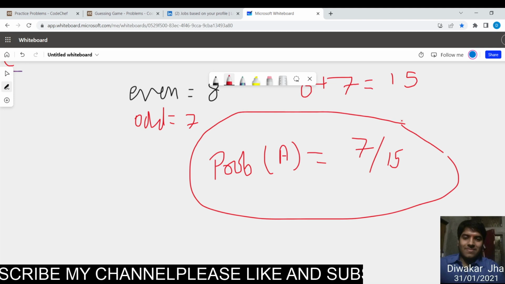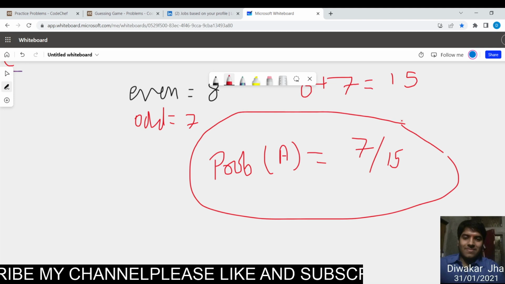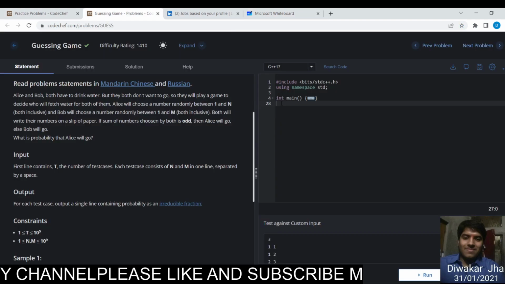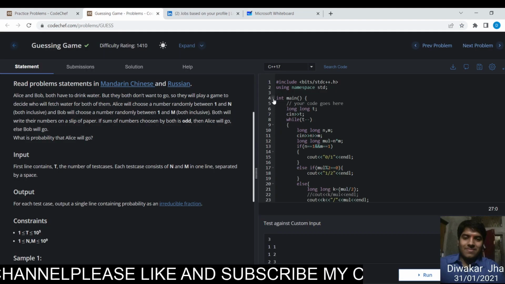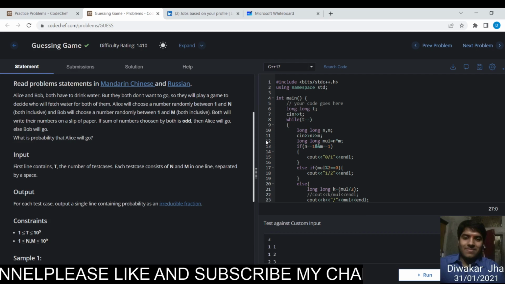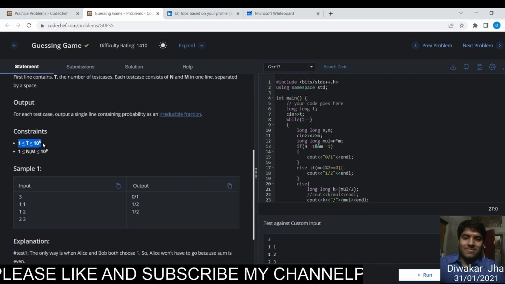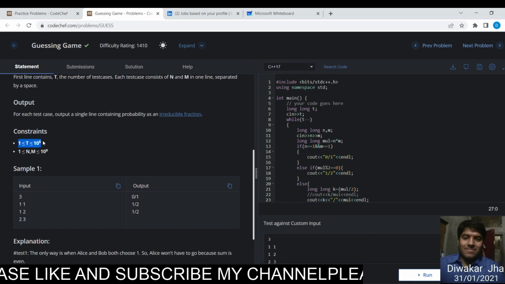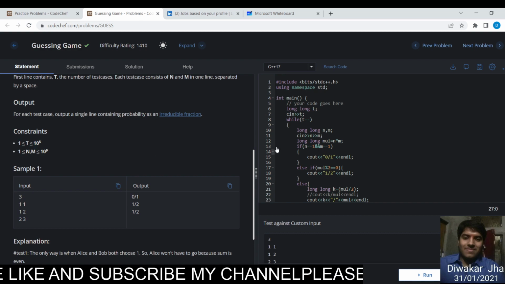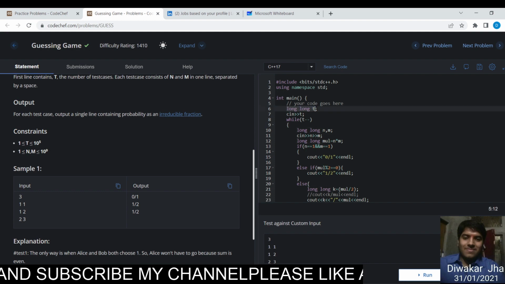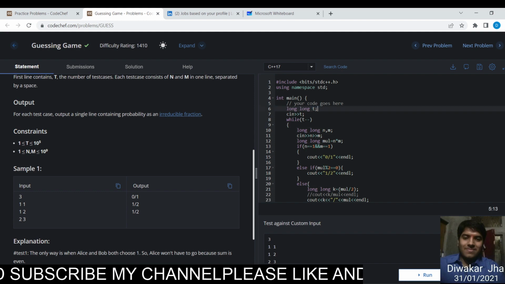Now we will discuss the coding implementation. The long type will be decided by the test cases, since there are so many test cases, like 10 to the power 5. So in this condition we will take long.